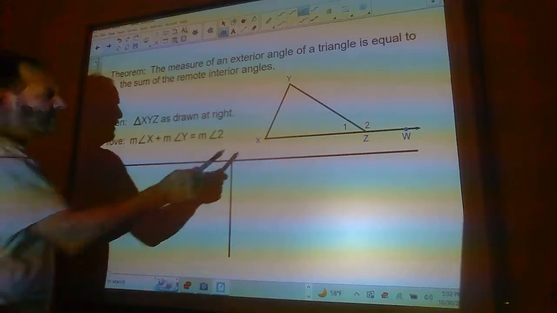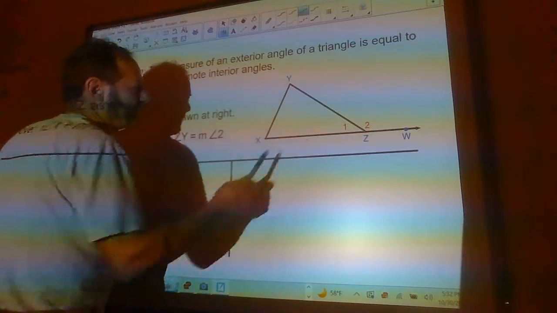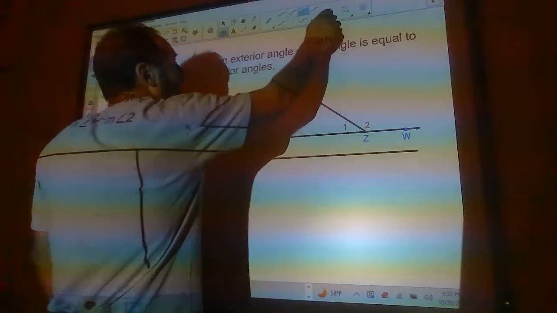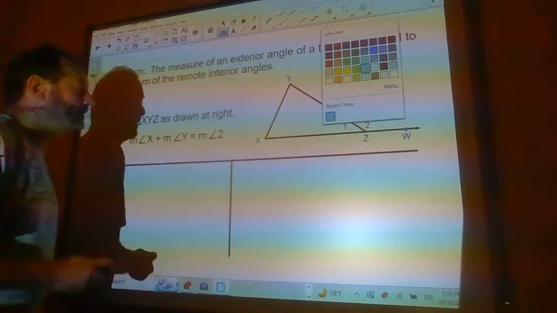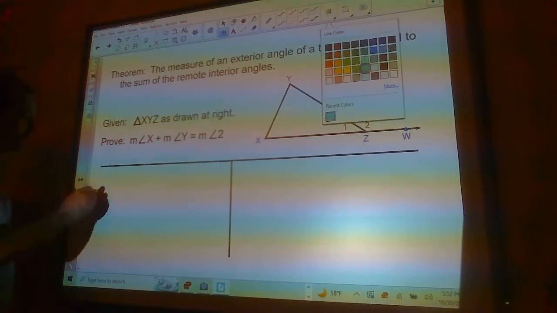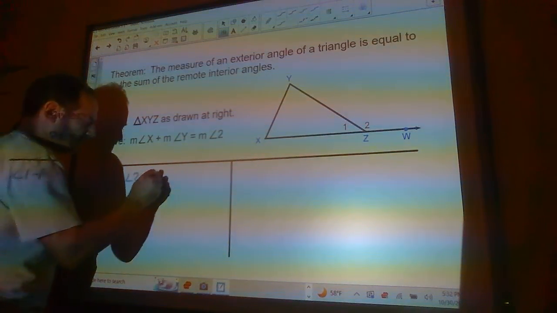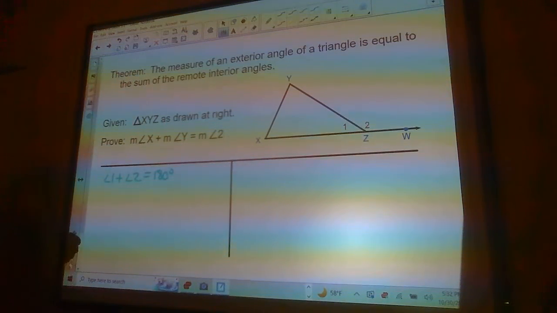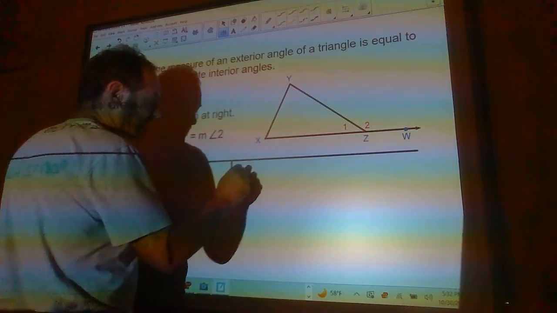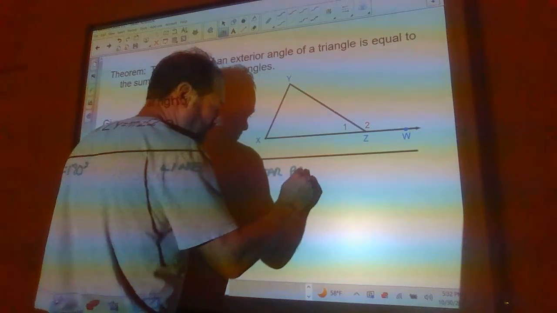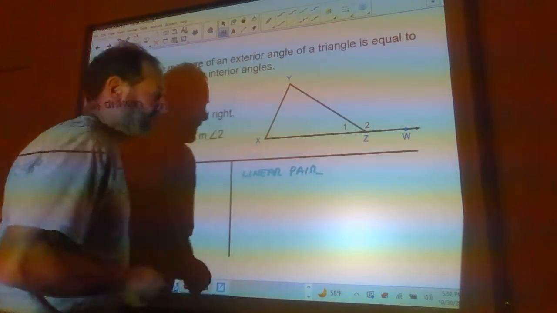We want to show that angle X plus angle Y is equal to angle 2. So here we go. We know that angle 1 plus angle 2 is equal to 180 degrees because they are a linear pair. They form a line, they share a side.